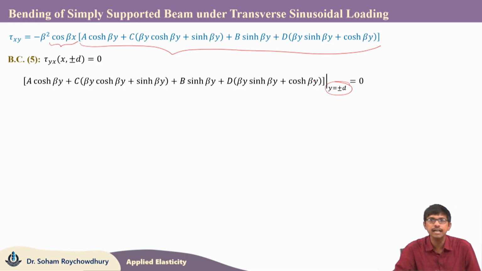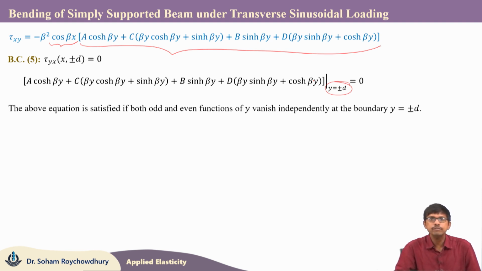Now, you can see here we are having some terms which are even functions of y, some terms which are odd functions of y. This equation can be set to 0 for the top and bottom face y equals to plus minus d only if both the odd functions of y and the even functions of y vanish independently.